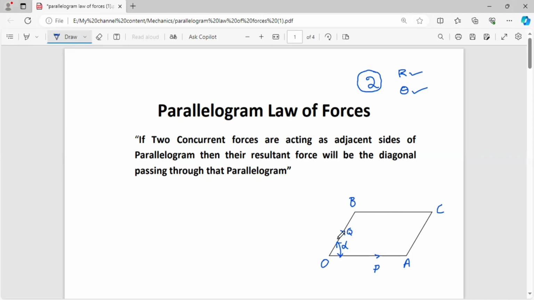These two forces are acting as the adjacent sides of the parallelogram.